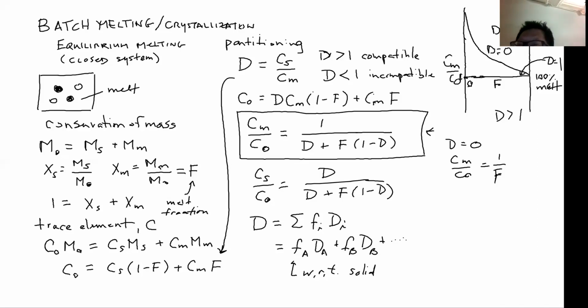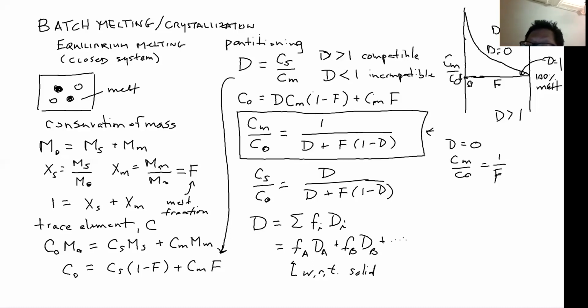And you can't really get above that line, but you can see when F goes to very small, this goes up to infinity. So you can get extreme enrichments if you keep crystallizing to the point you have almost only an infinitesimal amount of residual melt. But for any given F, you cannot exceed the D equals 0 line.